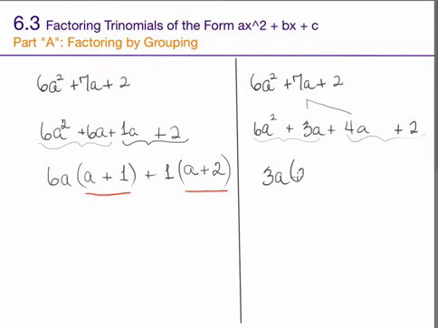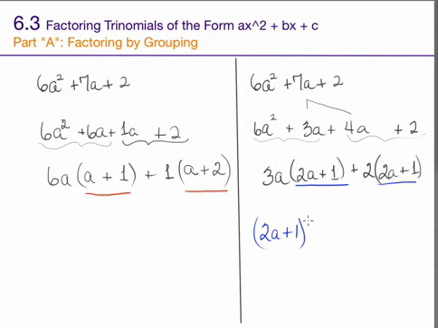What's left over is 2a plus 1, because 3a times 2a is 6a squared, and 3a times 1 is 3a. The back two terms just have 2 in common. 2 times 2a gives me 4a, and 2 times 1 gives me 2. This time my binomial factors are the same, so I can proceed. My common factor is 2a plus 1, and what's left over is 3a plus 2.